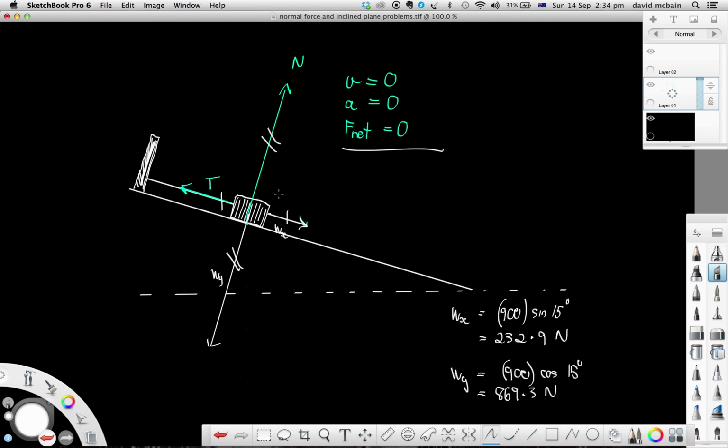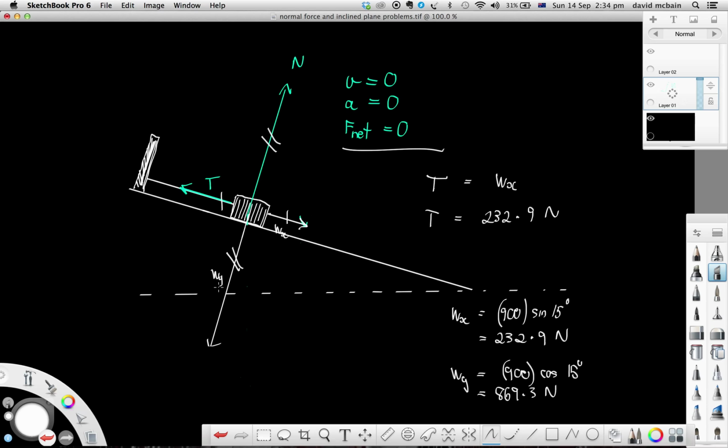So this is telling us that the value for T must have the same value, obviously opposite in direction, as Wx. So the tension force will equal 232.9 newtons in the upward direction. And so this tension force and this Wx component, which is the component of the weight acting down the ramp, will cancel each other out.